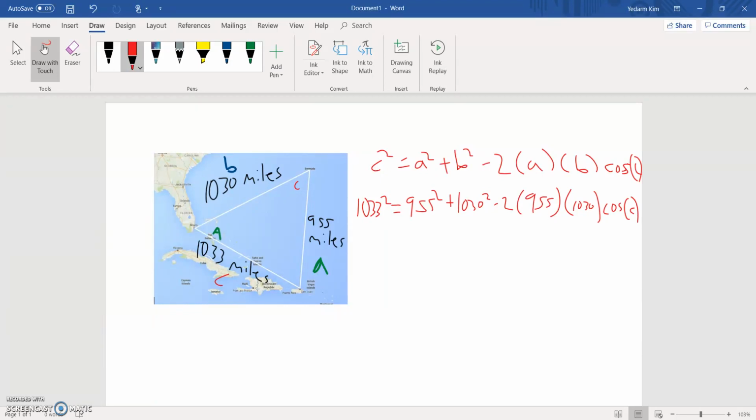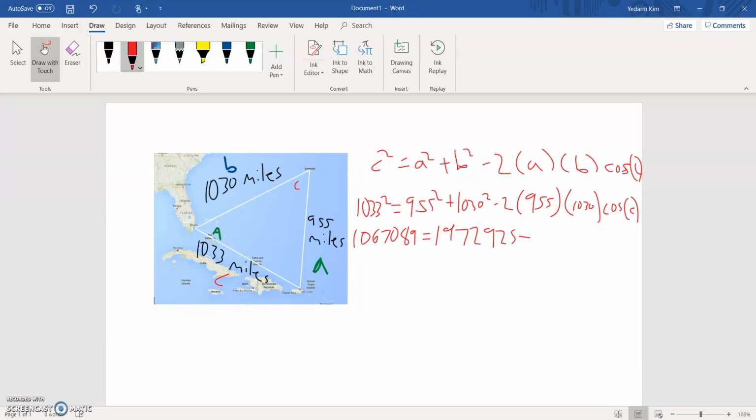So 1033 squared is equivalent to 1,067,089. To make it easier, we'll do 955 squared plus 1030 squared, which is equivalent to 1,972,925, minus, and once again we'll do 955 times 1030 and enter that.